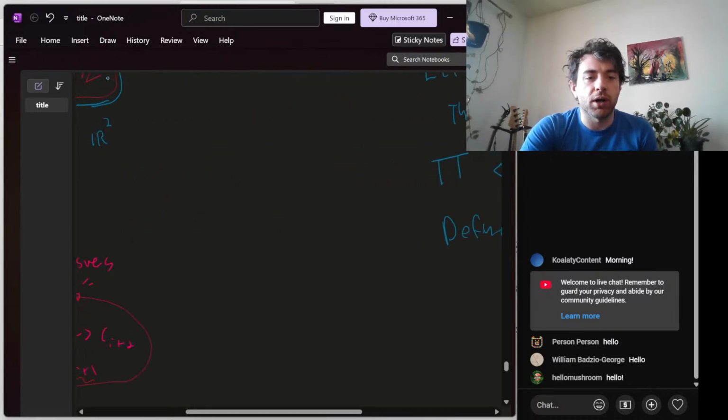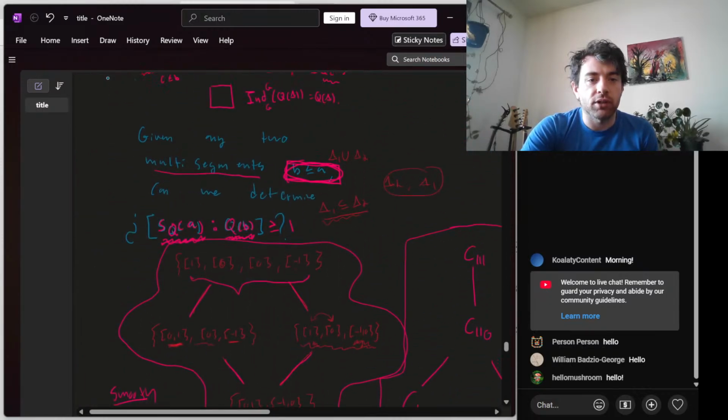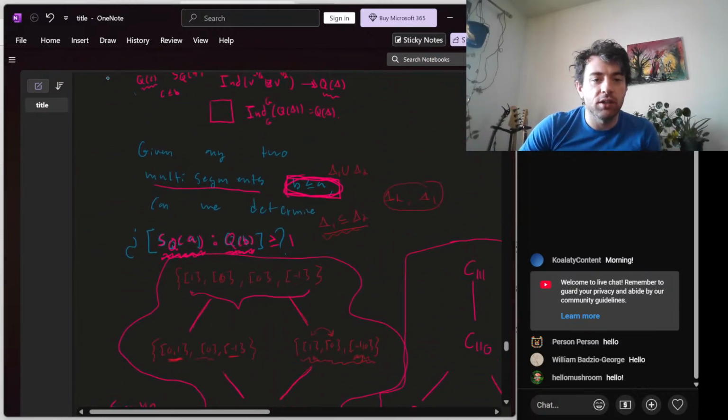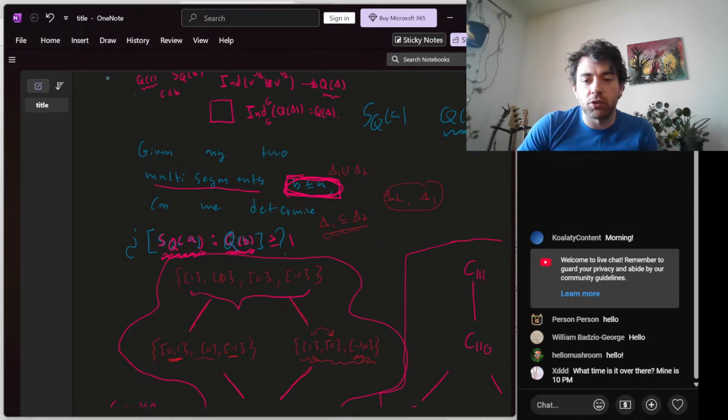Maybe I should also remind you that I defined some representations. So we had S Q_A, and we had Q_B. The Q_B were irreducible representations.